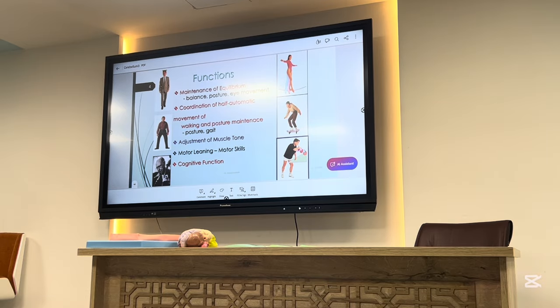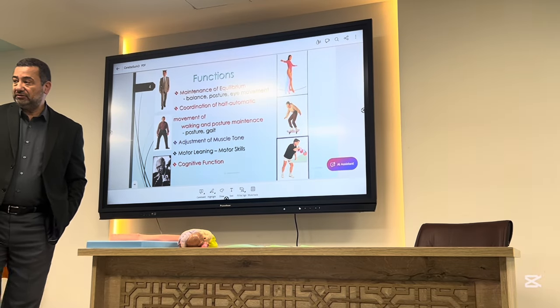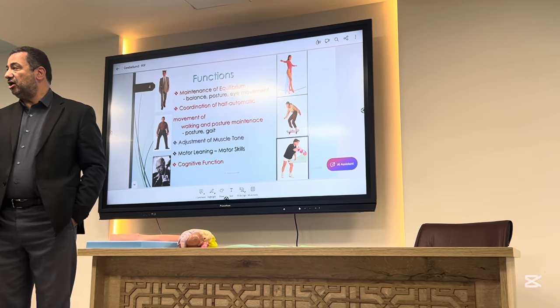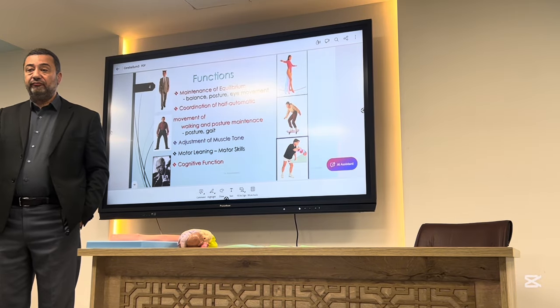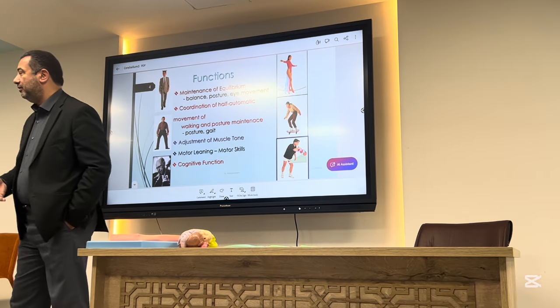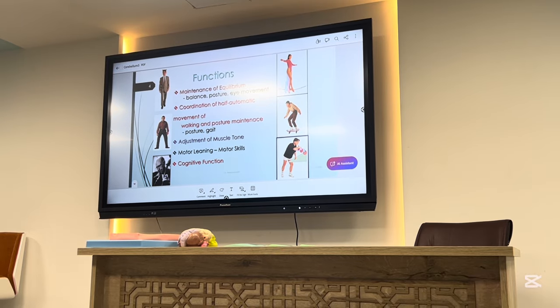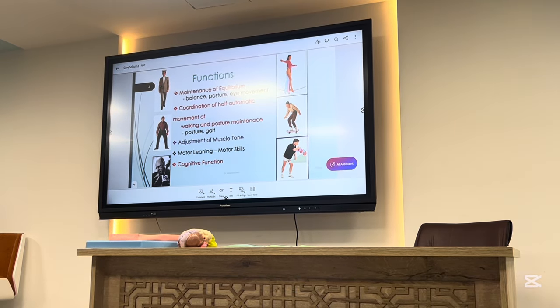At the start of walking, you think about your walking, but when you are walking, you don't think about it. Driving is half automatic.